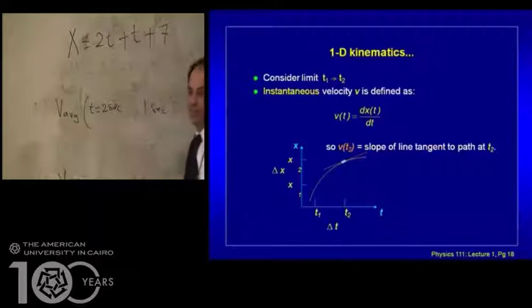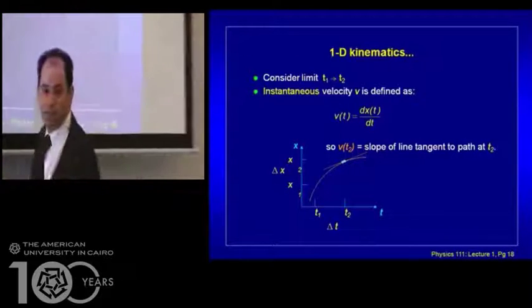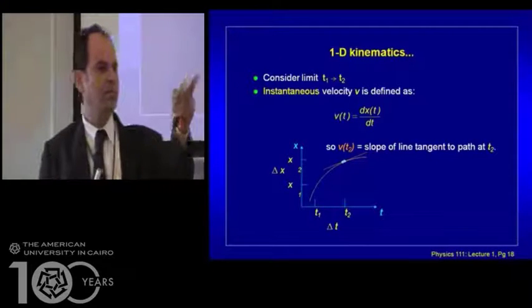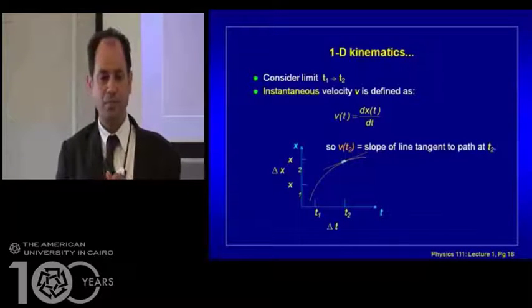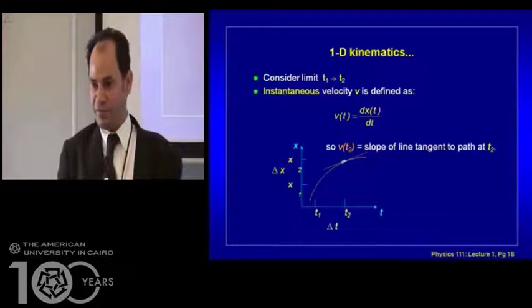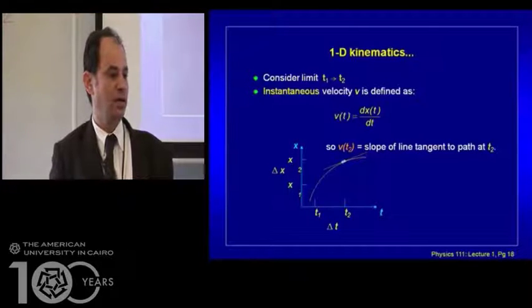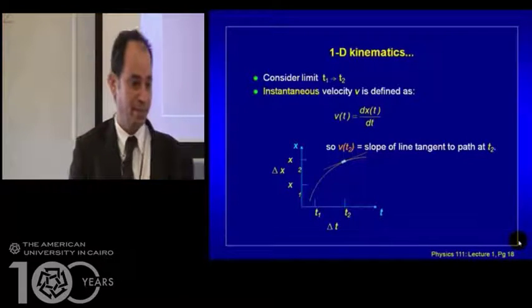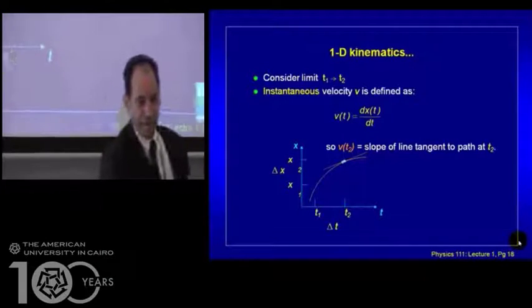Okay, do you have an answer, guys? What is the average velocity? 9 meter per second. What is the instantaneous velocity? 55? 6 times 9, that's 54, plus 1, that's 55.